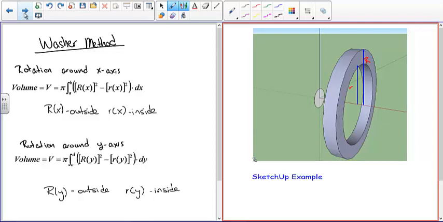If you take the same small width element, and instead of having it being solid all the way to the x-axis, in this case, you have just this outer part. Going to here is the outside radius. Going to here is the inside radius.